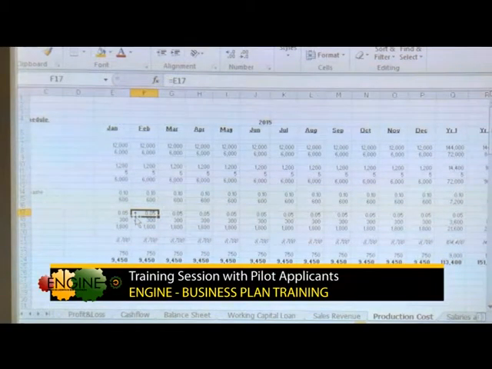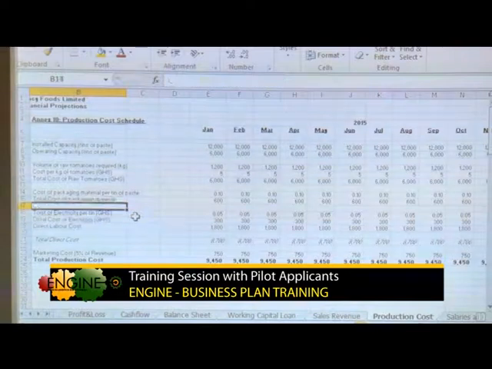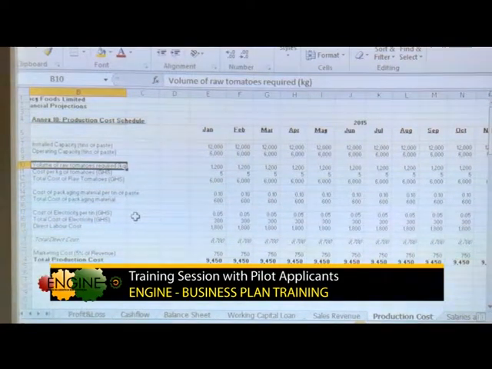Good. The production cost. Good. We have the installed capacity. We have the operating capacity. I have the volume of raw materials required. You know, I need raw materials. I need to calculate my raw material cost. But what is the volume of raw material that I will use per month?